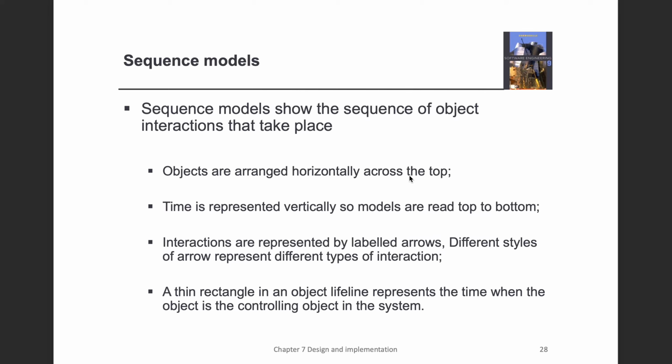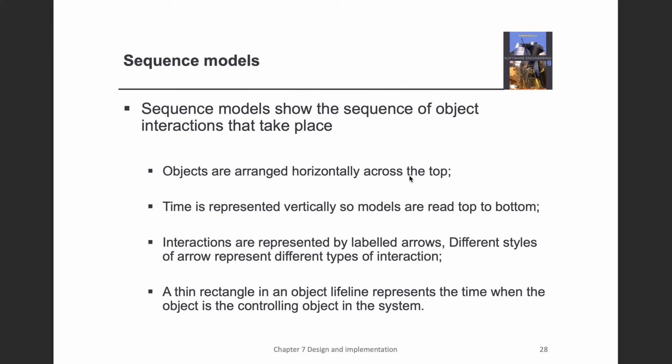I think we have explained this earlier, but we need to tap on it one more time. The sequence model shows the sequence of object interactions that take place, so how the objects interact with each other. The objects are arranged horizontally across the top, and time is illustrated vertically, so models are read top to bottom.